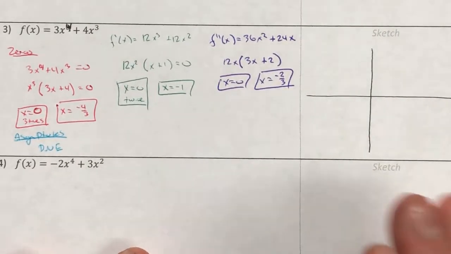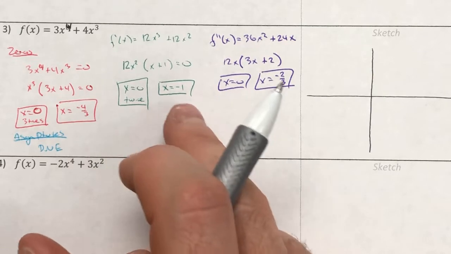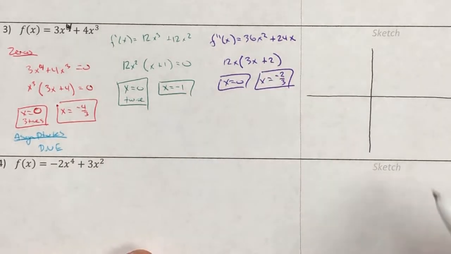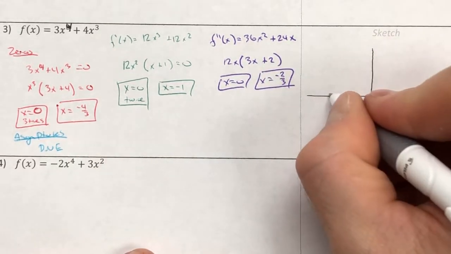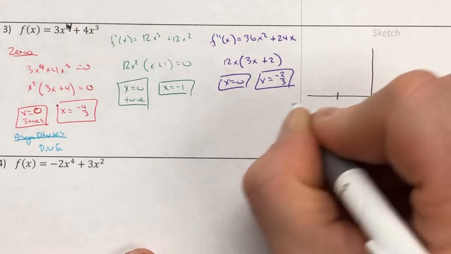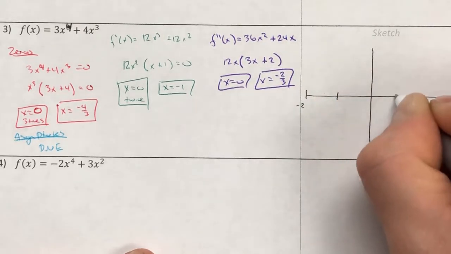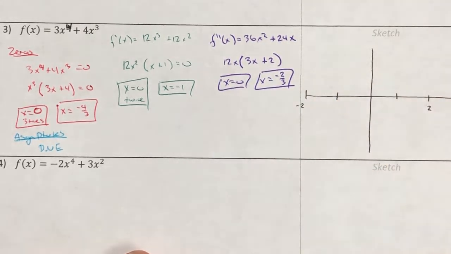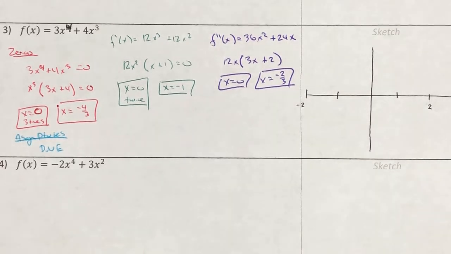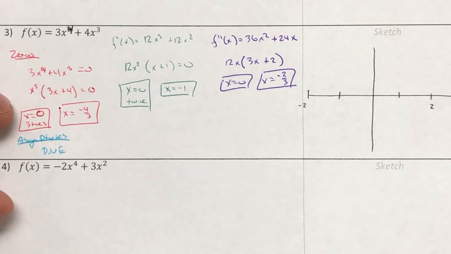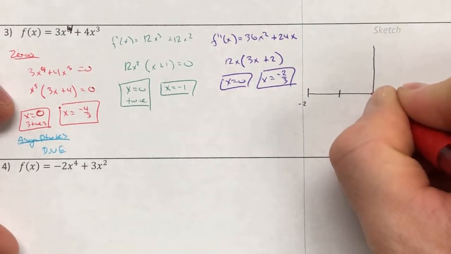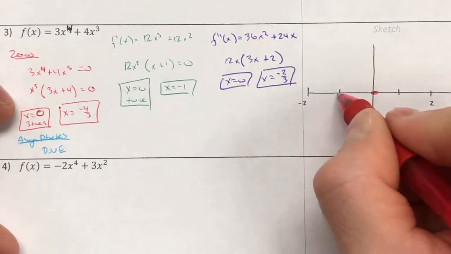So again, I've got a lot going on between negative 4/3, negative 1, and negative 2/3. So realistically, what I could probably do is between negative 2 and 2, set most of these things straightforward. So first off, I know I have a point at 0 and at negative 4/3.